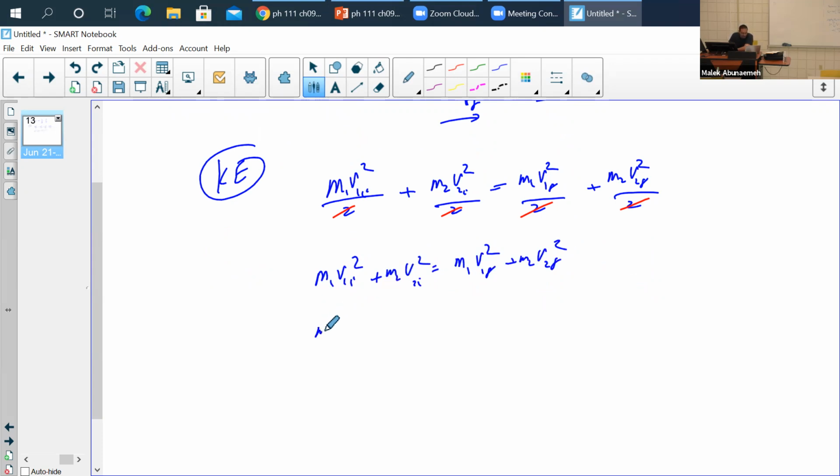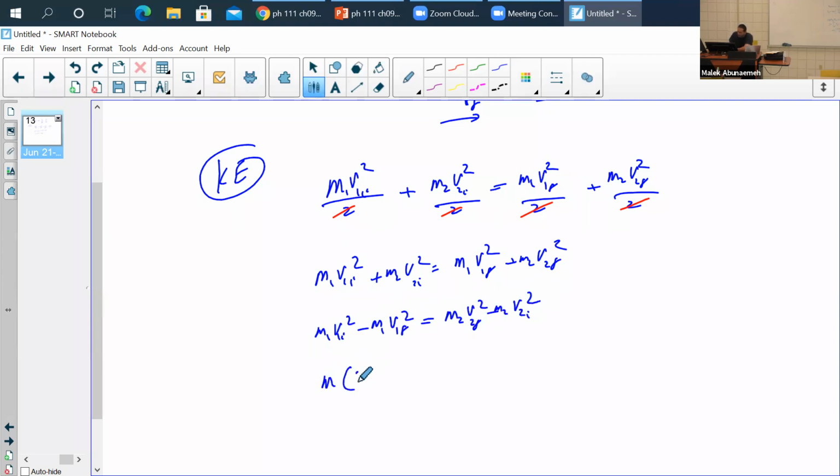Now let's organize them, where you get m1 v1 initial squared minus m1 v1 final squared is going to equal m2 v2 final squared minus m2 v2 initial squared.